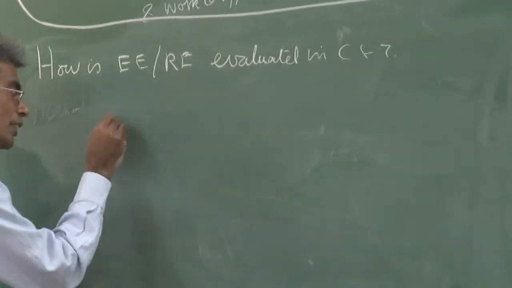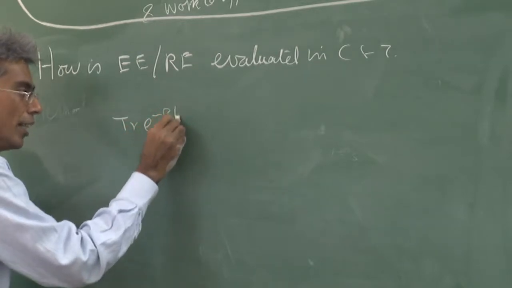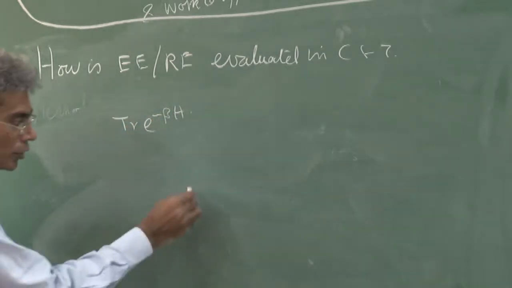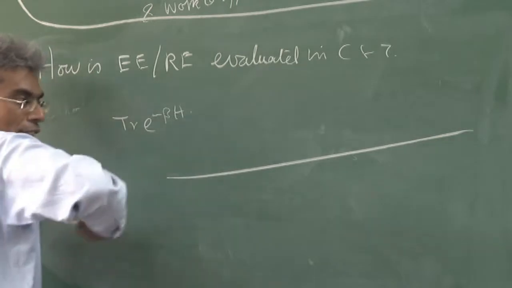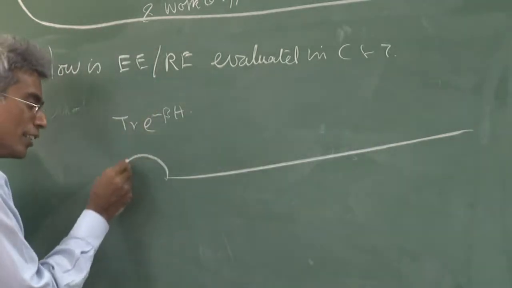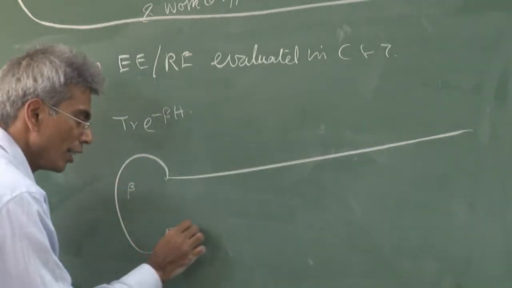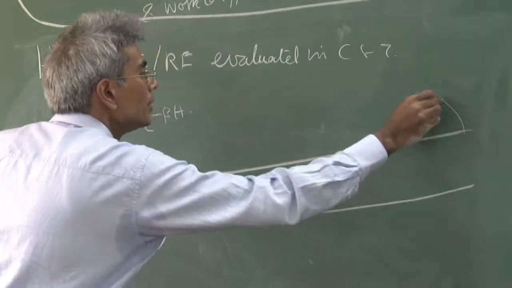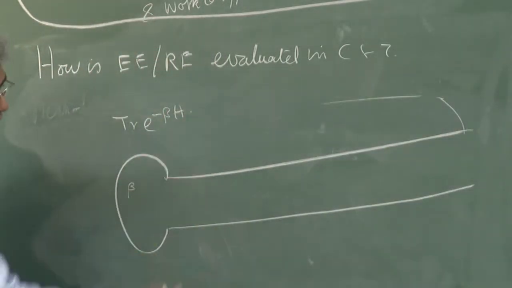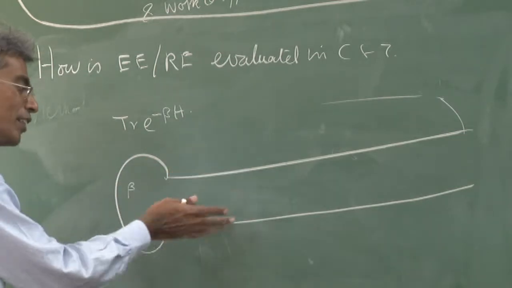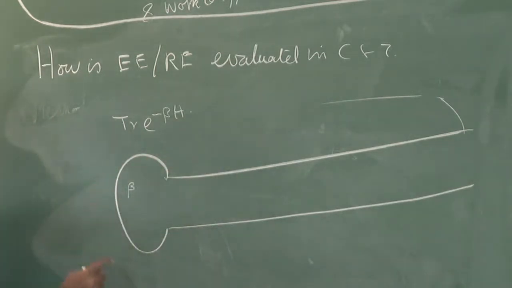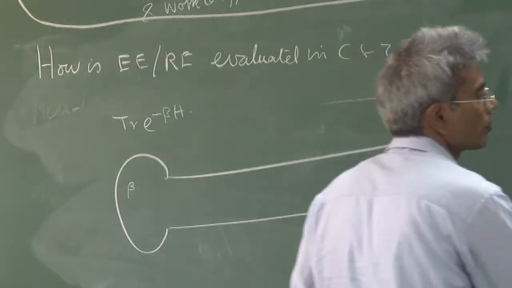Let's consider evaluating the trace of e to the power of minus beta H. So you have the CFT on the line at temperature beta, and you would evolve the CFT and then sew it together. So you evaluate the path integral on the cylinder, basically.